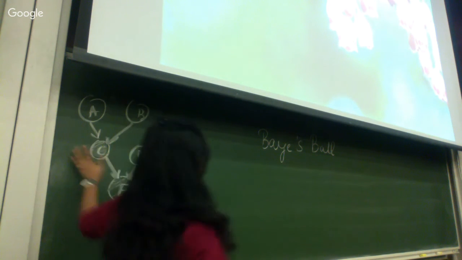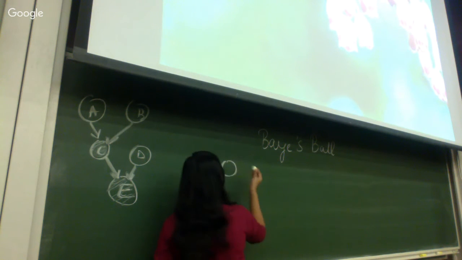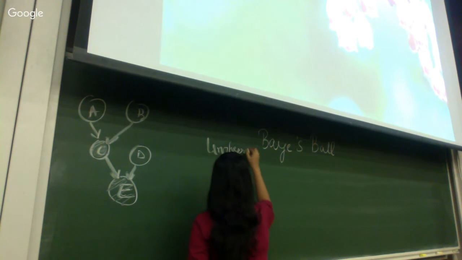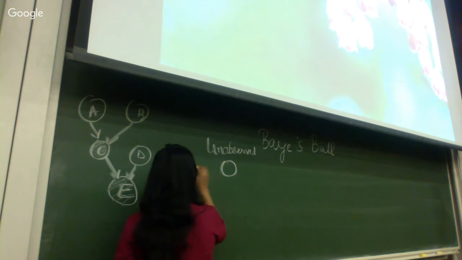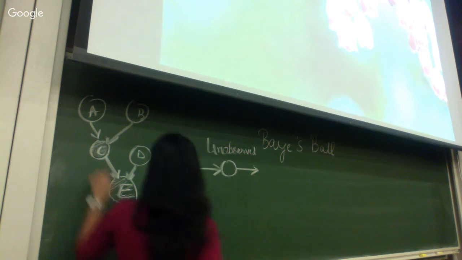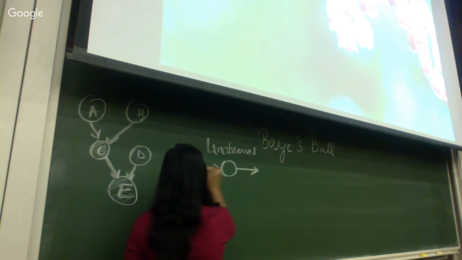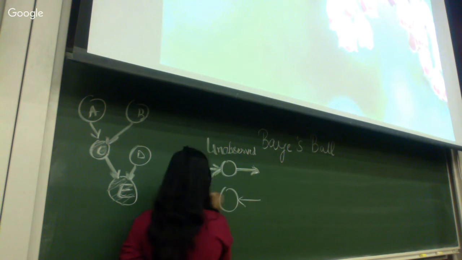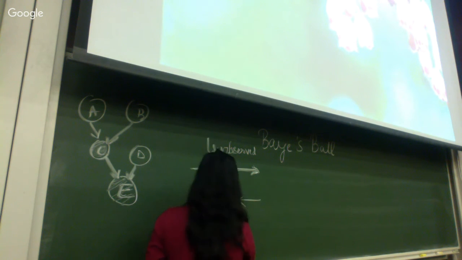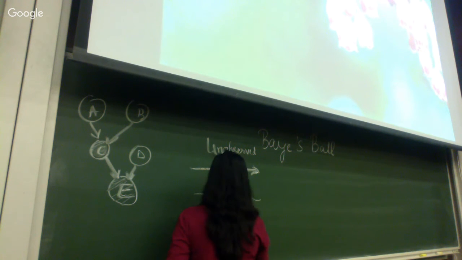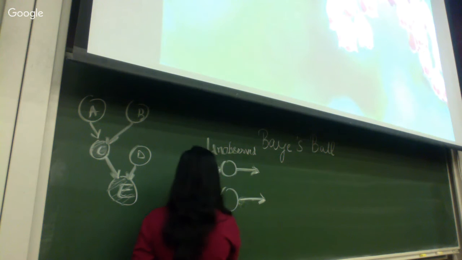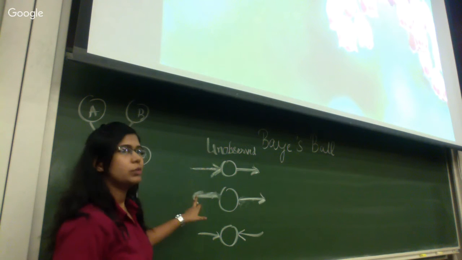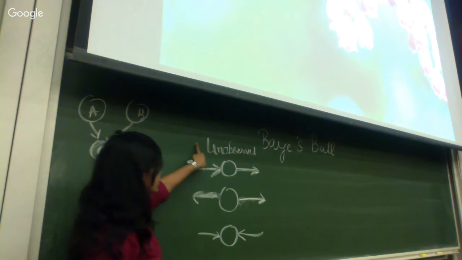Okay? So let's see what the rules for this are. Say you have one node and it's an unobserved node. And say the edges are in this form. There's an incoming edge and an outgoing edge, and two outgoing edges, and two incoming edges. So these are the three possibilities for dependency, and it's an unobserved node.